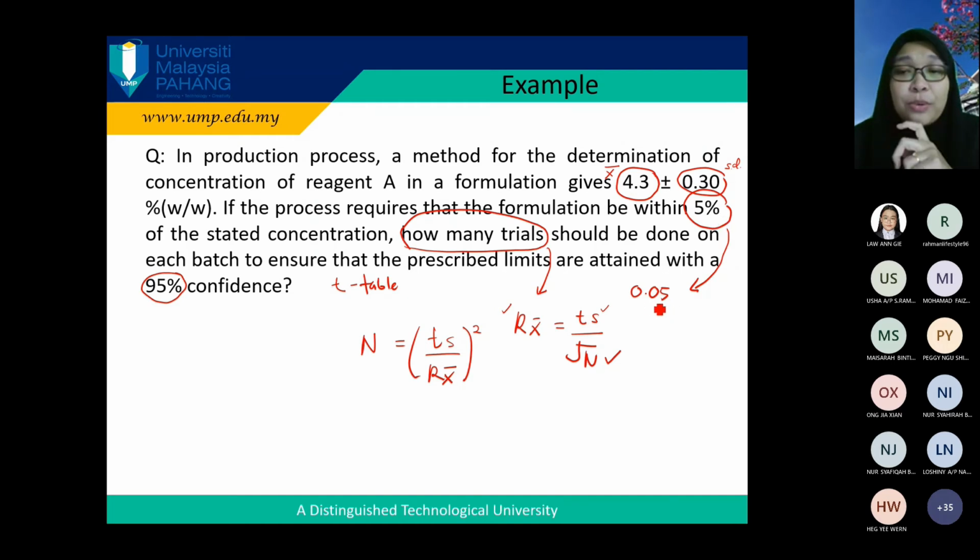If given as 0.05, you can straight away use it. When you read the question, if the question asks you how many trials, straight away use the equation for number of replicates. And then you need to rearrange the equation to find the value of n trials.